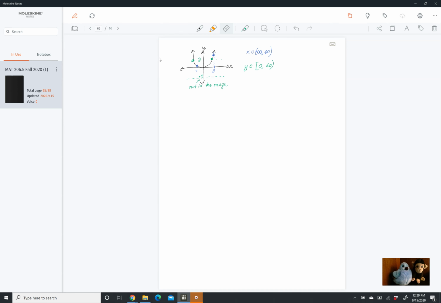This is where our vertex is. Or you could write it as y such that, think of that "such that" as a "but", y has to be greater than or equal to 0. So that's our range there.